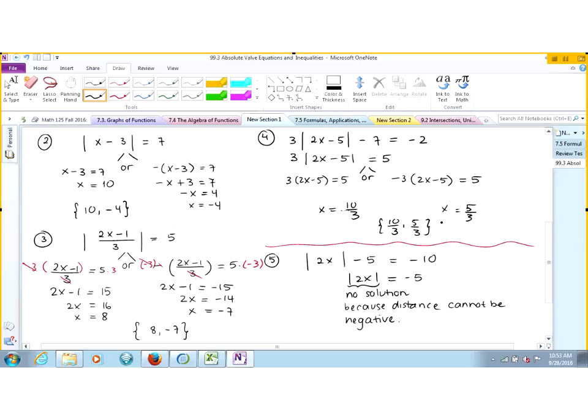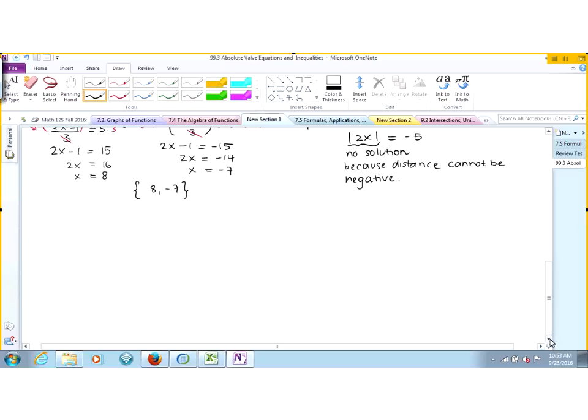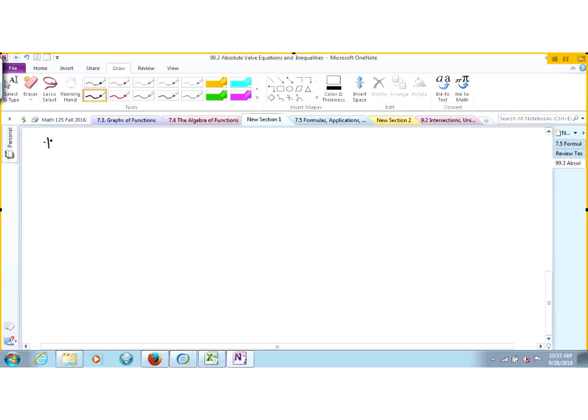Okay. Now, what about if you have an equation containing two absolute values? Oh no, it's the same thing.